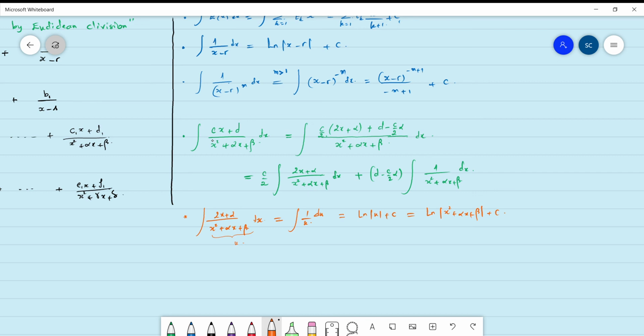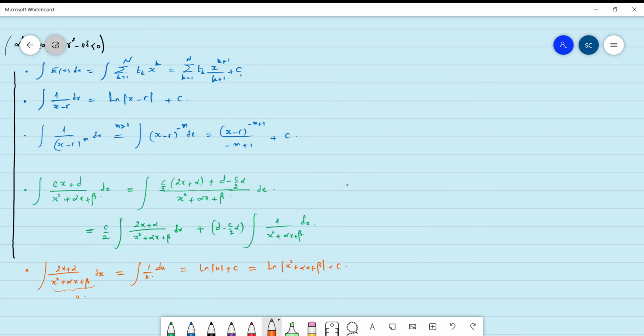Now the remaining term is this one. We need to work on this one. This one needs more work. So let's focus on this one now. We have this time 1 over x squared plus alpha x plus beta. The idea is to complete the square of the denominator. If I complete it, I will get (x plus alpha over 2) squared plus beta minus alpha squared over 4, dx.